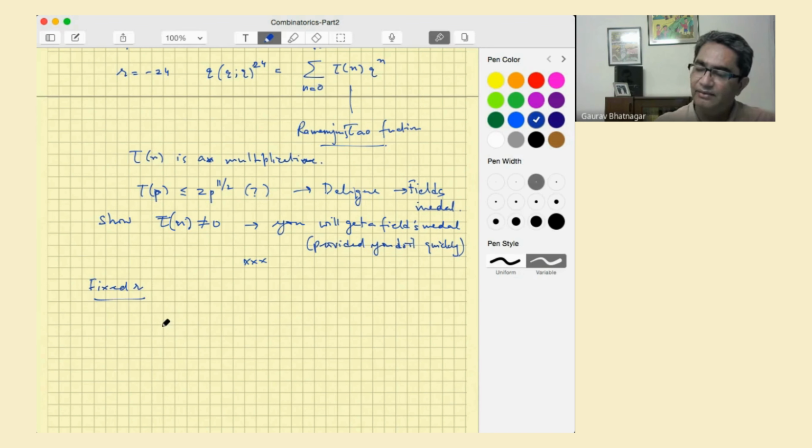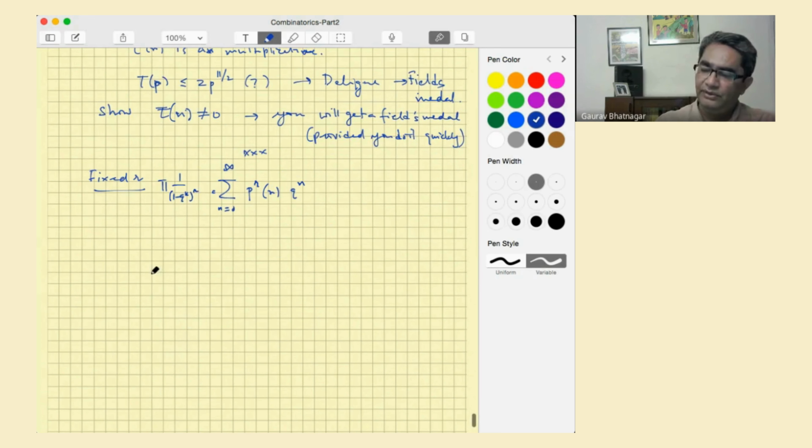Anyway, fixed k. What are we saying? Let's call this P_r(n). So let's say 1/(1 minus q) raised to k, raised to r, is the sum of P_r(n) q^n.